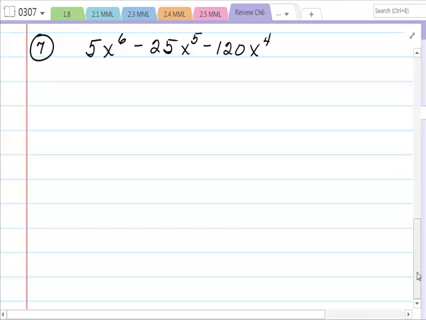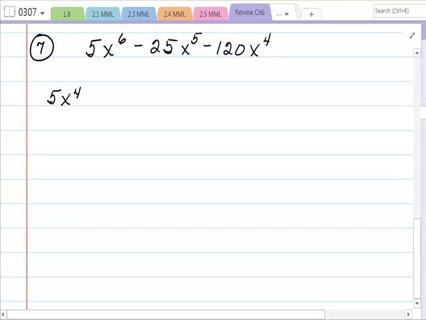Yes. 5 goes into all of them, and what else? X. There's x in all of them. What power of x can I take out? The 4th. The lowest one. That's our rule. If there's x in all of them, you can take no more than the lowest power. So my greatest common factor is 5x to the 4th.